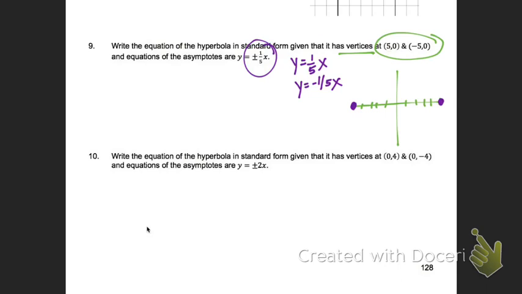Up 1 over 5, and is there any y-intercept? It's just at 0. So up 1 over 5, like that. And then -1/5 would be down 1 over 5. So it would look like that.